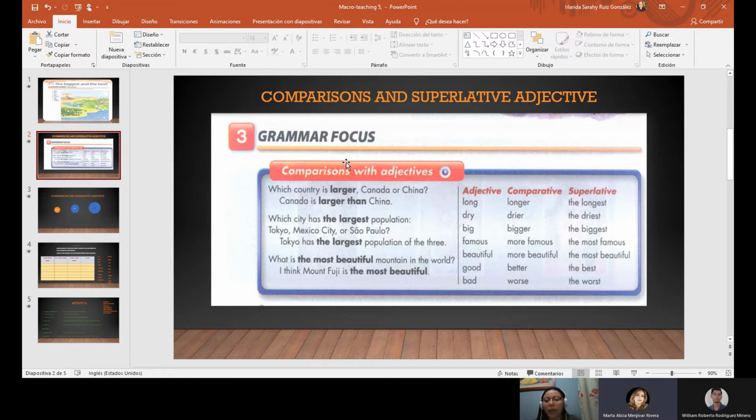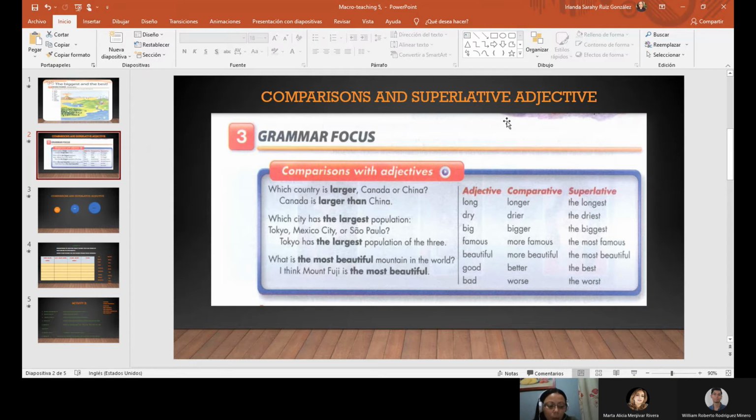To begin with, I want you to see this chart. To start, I want to remind you that the topic we are looking at is comparatives and superlative adjectives.